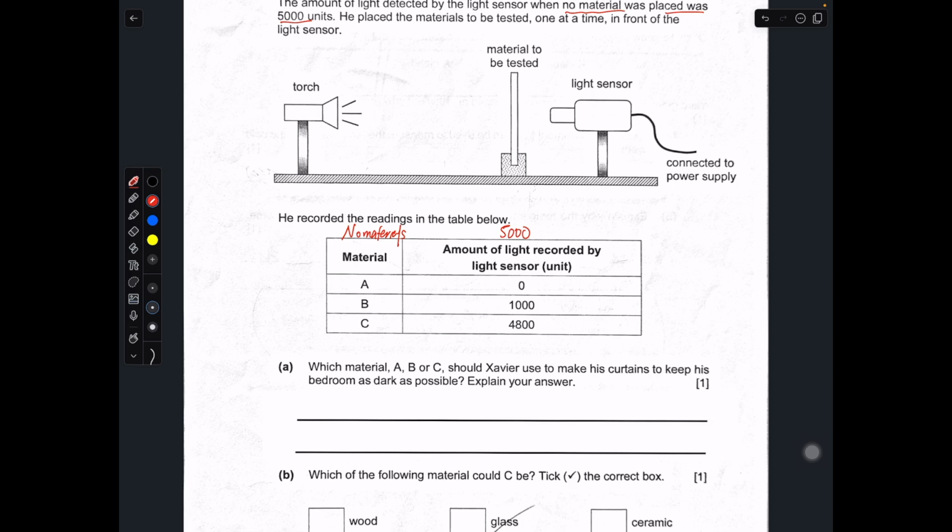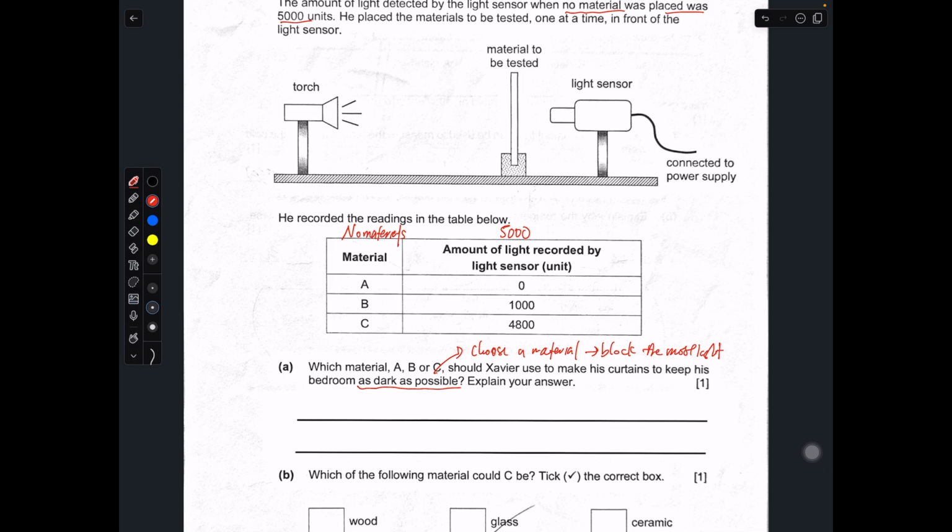Which material should Xavier use to make the curtain to keep his dark room as dark as possible? You want to keep your dark room as dark as possible, so you will always choose an object that blocks the most light. So you should choose a material which blocks the most light.